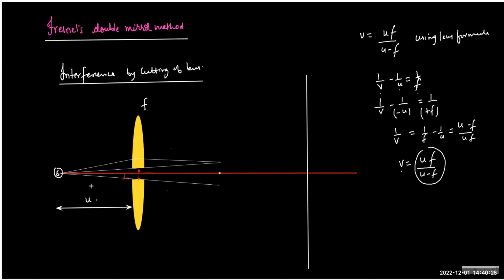And this will act as the virtual object. So this is your virtual object, D naught.